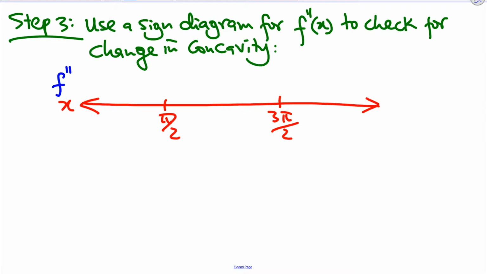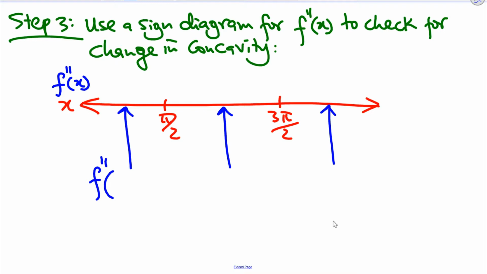So we'll pick test points. We can pick any test point to the left, for example 0. Here we'll pick another test point, for example pi. Here you can pick another test point, for example 2 pi.